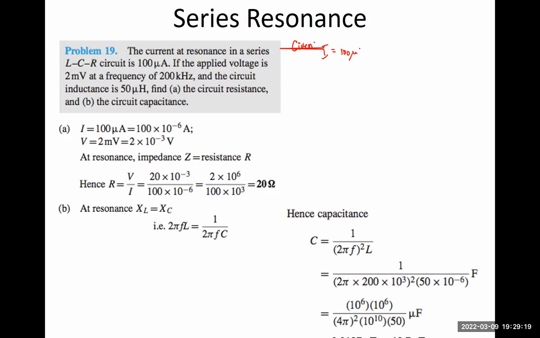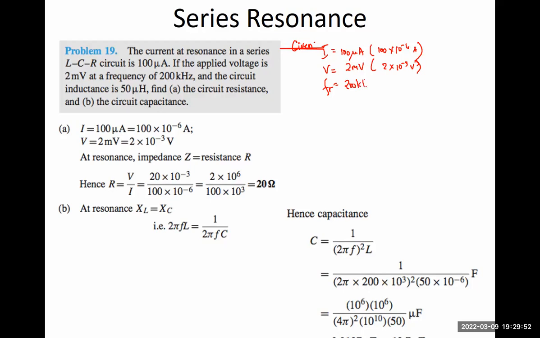100 microamp. So this is also equal to 100 times 10 to the negative 6 ampere. And then we also have a voltage V equal to 2 millivolts. So that is also equal to 2 times 10 to the negative 3 volts. And then we have a frequency equal to 200 kilohertz.